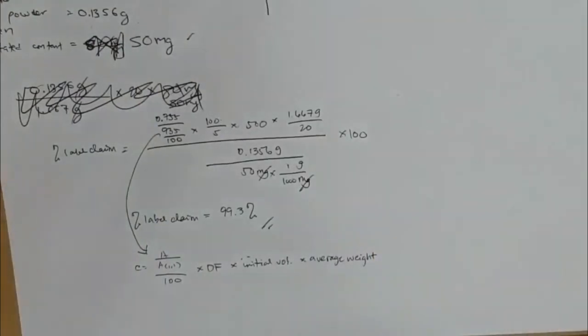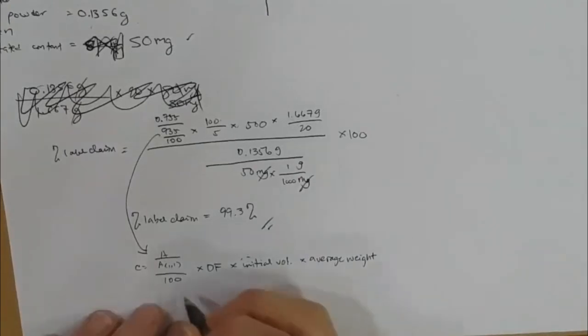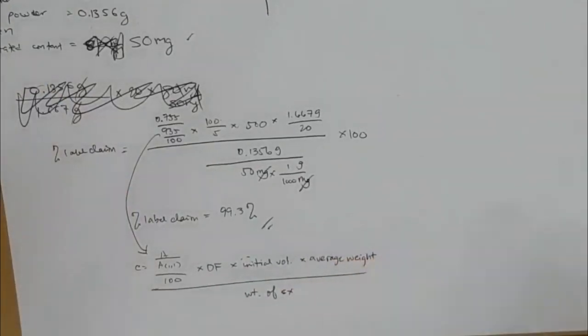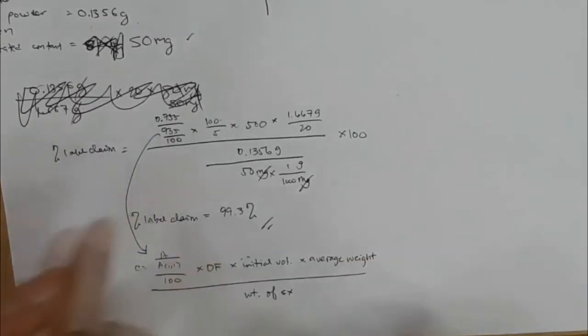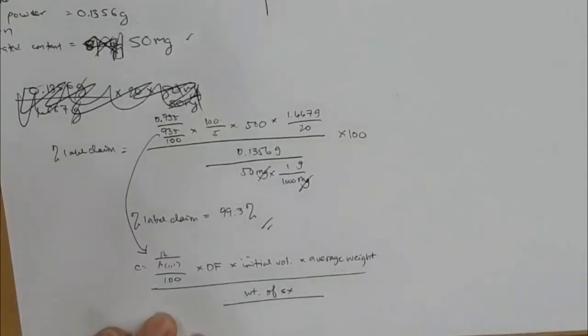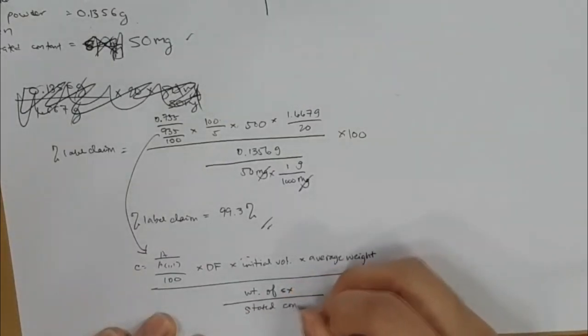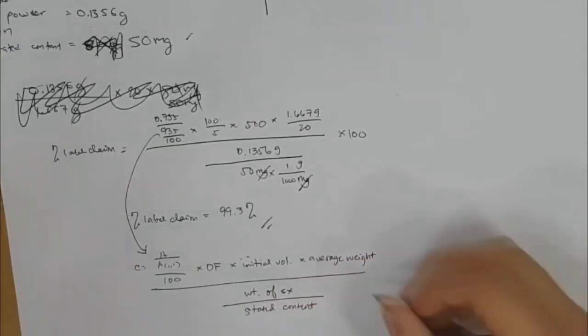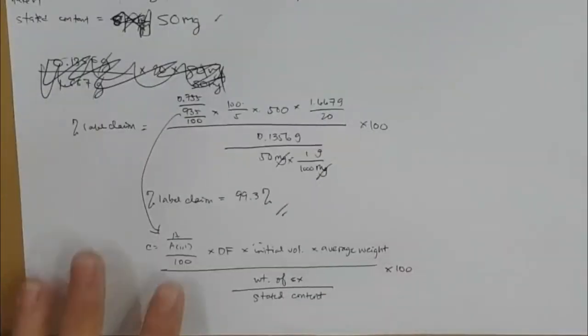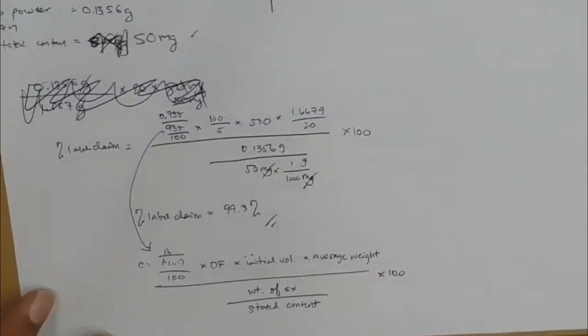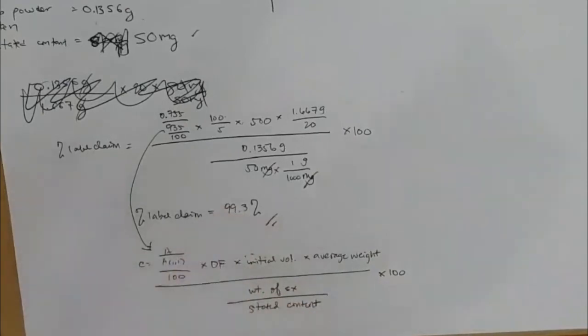And then by the average weight of the tablets, in this case it's 20. And then we divide all of these with the weight of the powder you took in the numerator, divided by the labeled amount, the labeled weight, or the stated content as it's in the problem, and eventually just multiply by 100 since we're getting percent, and the answer you'll get is 99.3.